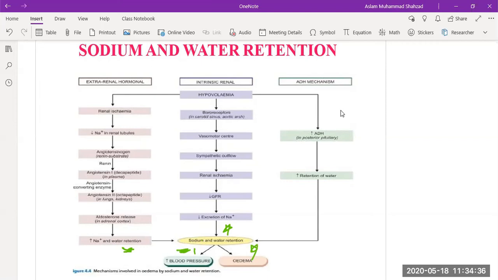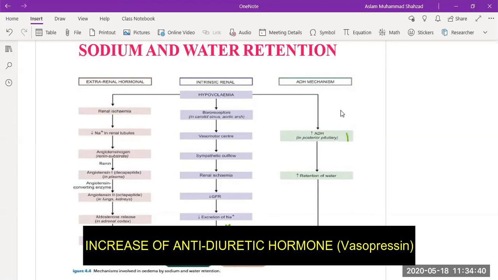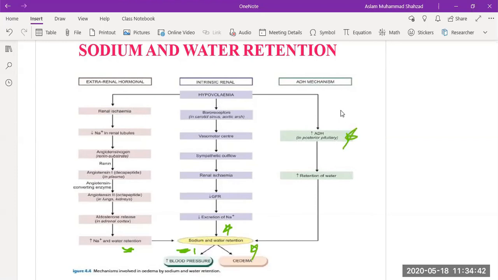Like the number one mechanism is that there will be an increase of antidiuretic hormone, and an increase of the antidiuretic hormone such as vasopressin is responsible for increasing the retention of water.